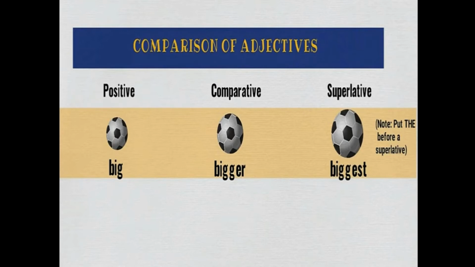The comparative form, comparative ده يا شباب اللي هي المقارنة بين شيئين، بين شخصين, carries the meaning more، بتاخد معنى كلمة more. An example is bigger. Superlative form carries the meaning of most. For example, biggest.